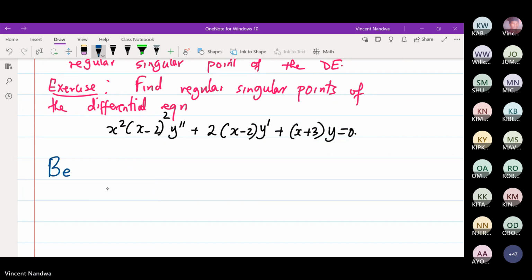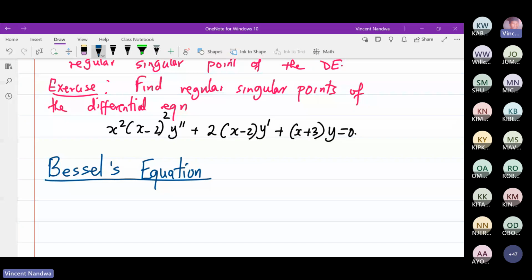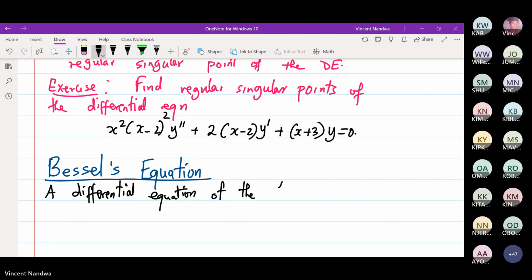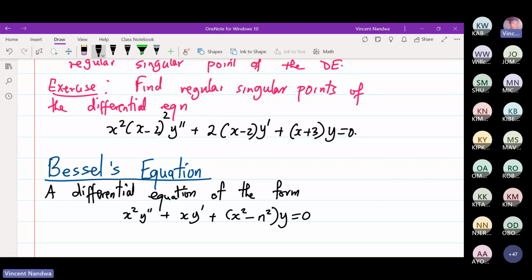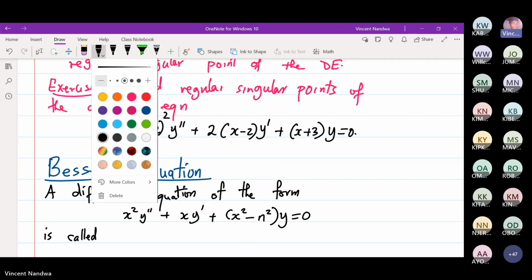So the differential equation of the form x squared y double prime plus x y prime plus x squared minus n squared y equals 0 is called Bessel's differential equation.